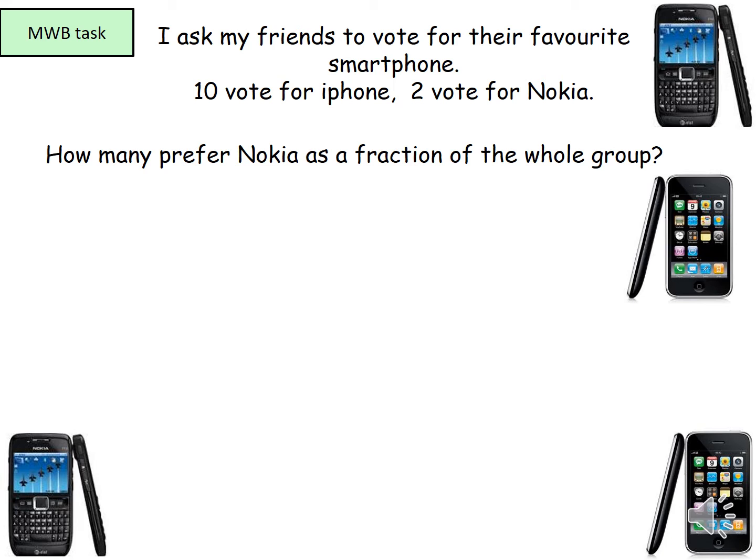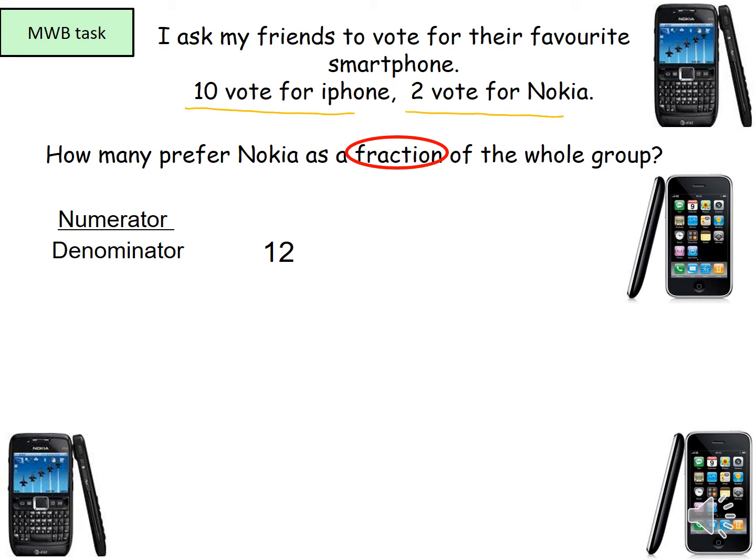Welcome back. First things first, we need to identify what our total is. Our total is 12, because if 10 have voted for iPhone and 2 voted for Nokia, in total there are 12 people voting. That goes into our denominator.